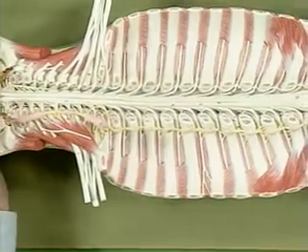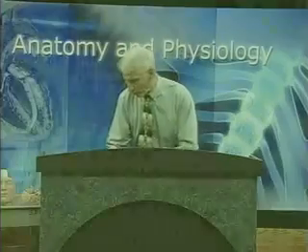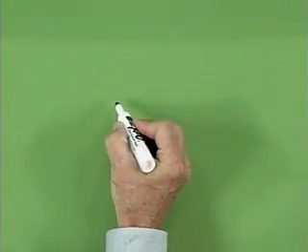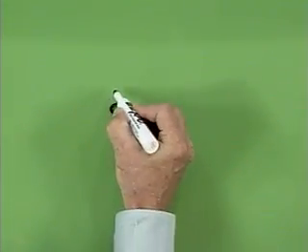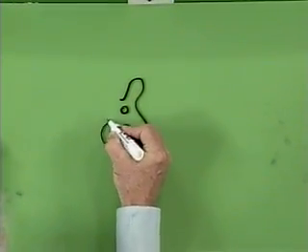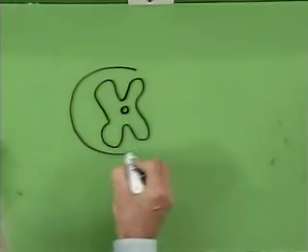Now I want to show you how that works from a transverse section of the spinal cord that we looked at before. So I want to go to the overhead camera again, and I want to draw a transverse section of the spinal cord. Let that be the central canal. This be gray matter. This be white matter.